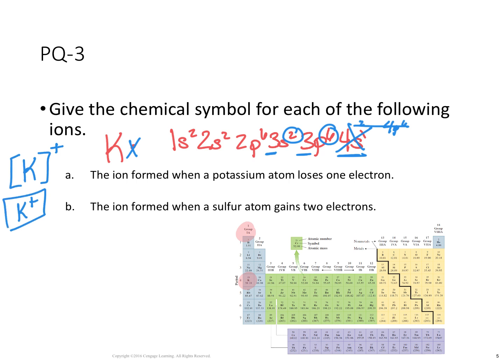Part B says the ion formed when a sulfur atom gains 2 electrons. If we look at sulfur, sulfur is over in group 6. So that means it has 6 valence electrons. We can go through the electron configuration if you wanted to.